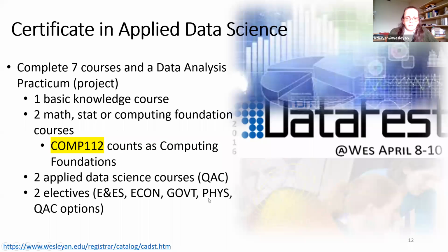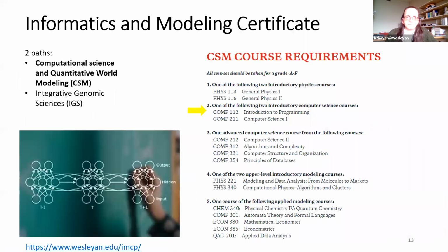Again, notice that there are a number of other classes and subject areas that can count towards this. So I would once again encourage you to consider if this might be something that's interesting for you, and if you're studying in any of these areas, to think about taking some of these other classes and getting the certificate.